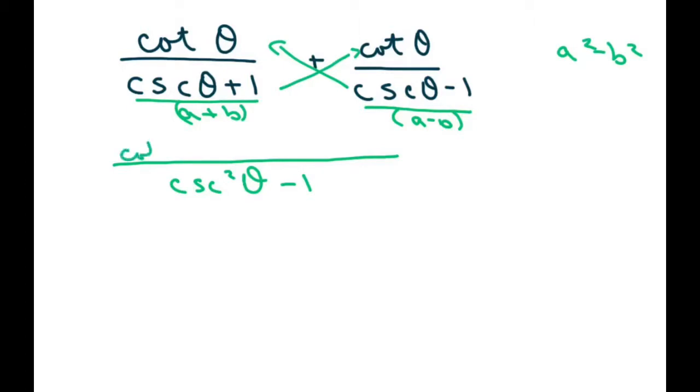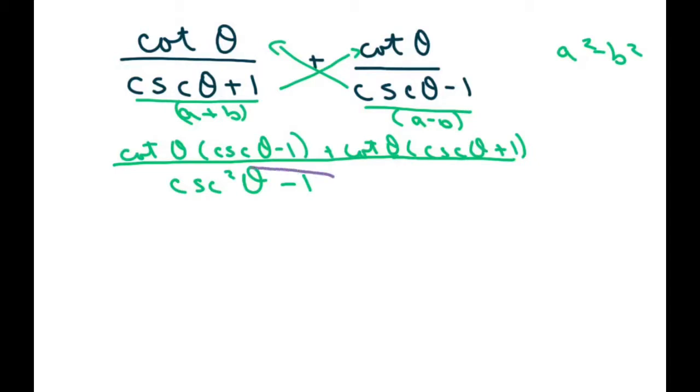So that's cotan of theta times cosecant of theta minus 1 plus cotan of theta times cosecant of theta plus 1. All right. And as you recall, our Pythagorean identities, this equals cotan squared of theta.